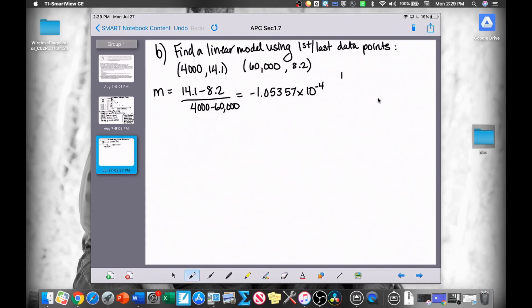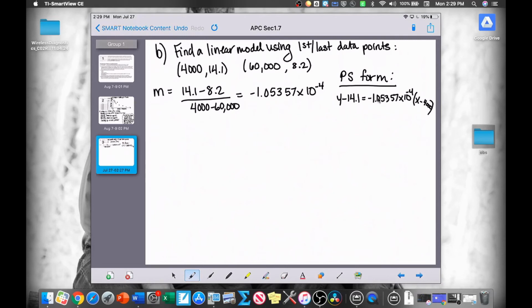And then I'm going to do my point slope form over here, which is y minus y1 equals m times x minus x1. So y minus 14.1 equals negative 1.05357 times 10 to the negative 4th times x minus 4,000.